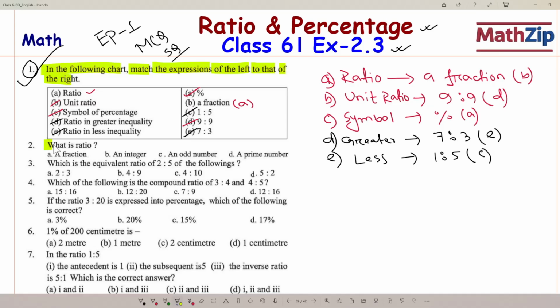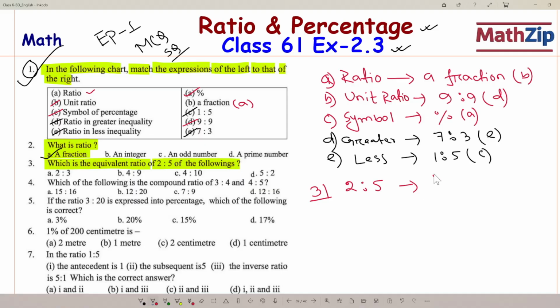Second question, what is a ratio? Ratio is a fraction. Number 3, which is the equivalent ratio of 2:5 of the following? So this is number 3, 2:5.